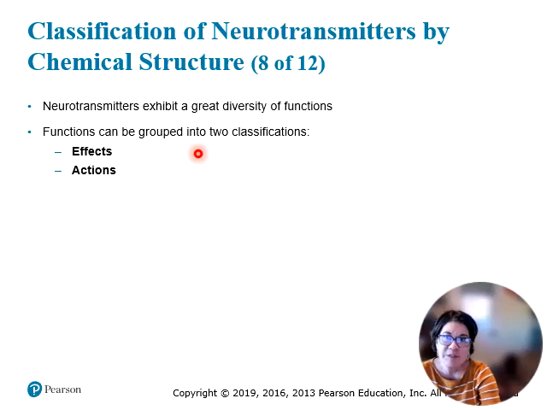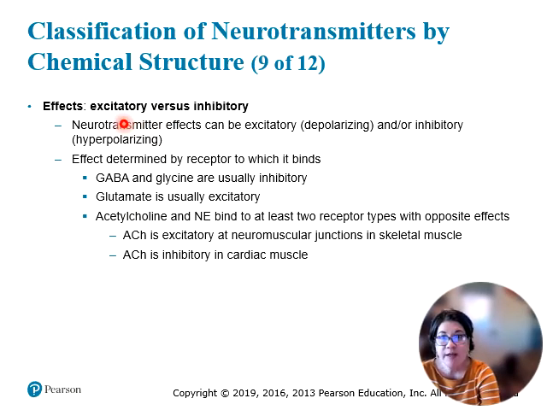Okay, so neurotransmitters can have a lot of different functions. They can be grouped by their effects or actions. So effects could be excitatory versus inhibitory. Some are excitatory. They cause depolarization, which causes the membrane potential to go up, or inhibitory is hyperpolarizing and it makes it go down.